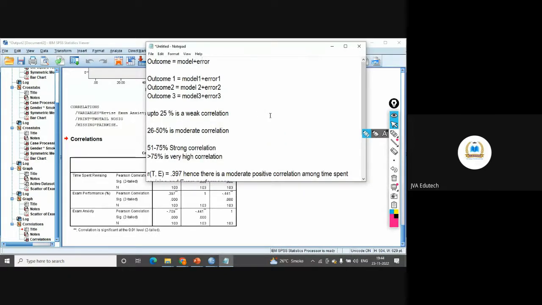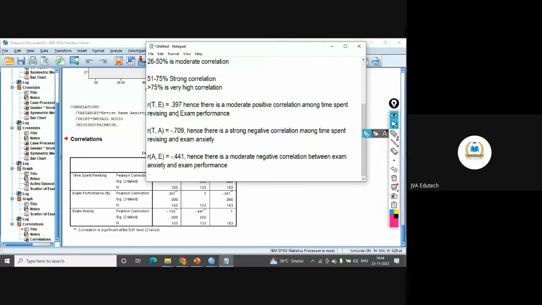So now if you see this, there is a moderate positive correlation between time spent revising and exam performance. So if revision is increased by 1 hour, exam score increases by 39.7%.